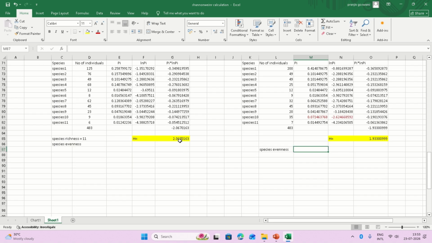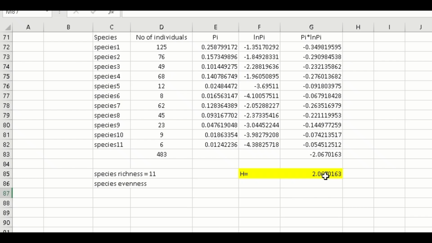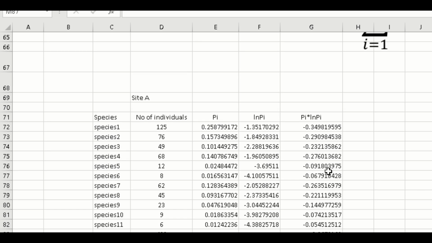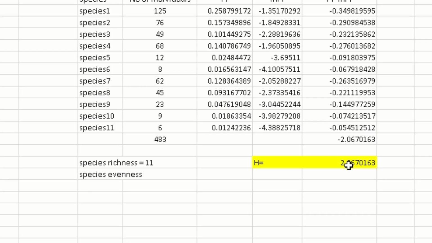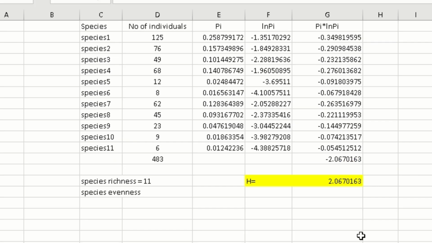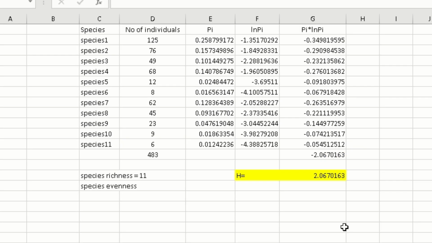But this value is sometimes not easily understandable because it is based on the natural log value. So ecologists usually convert this value using the exponential to get a value related to the number of species.